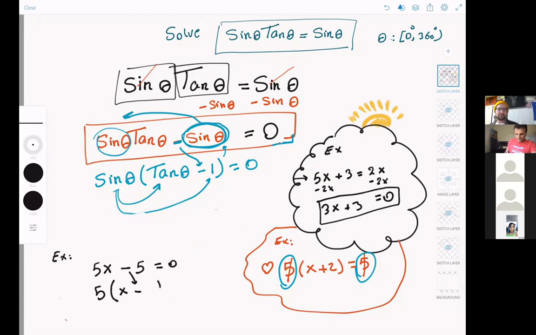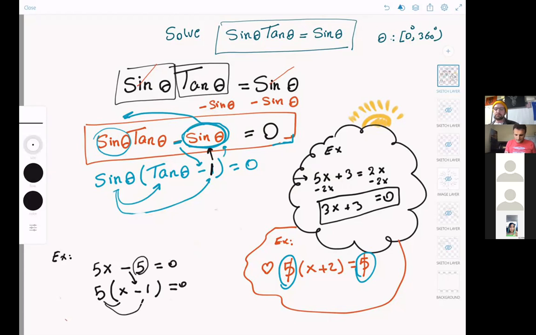What number should I put instead of 5, Karen? 1. 1, because now if I multiply back, I get what we used to have. Same here, this -1, this 1 comes from sine. So the technique here that you learned, factoring, is another one.